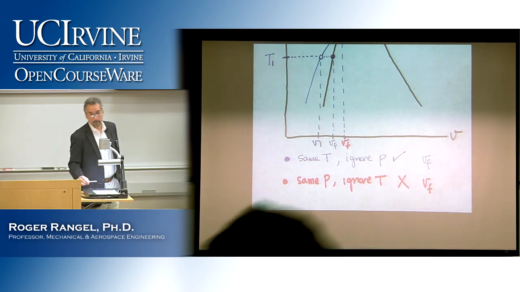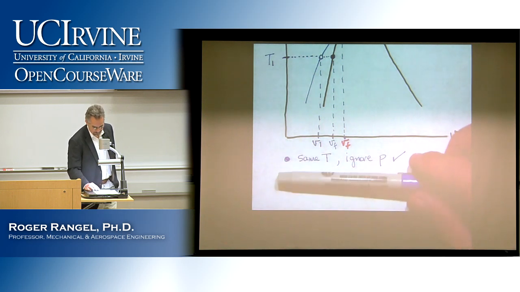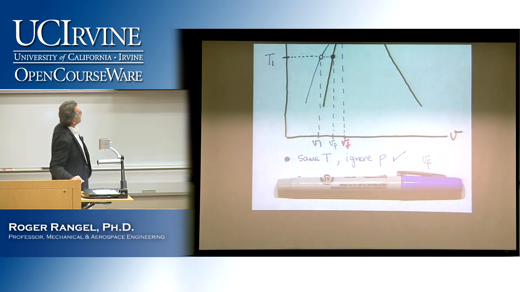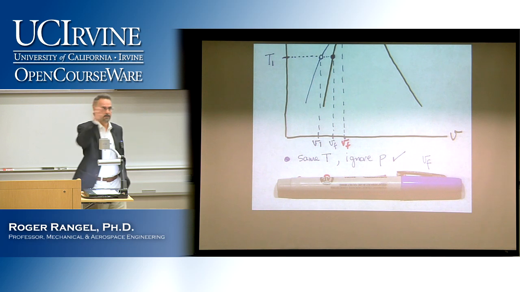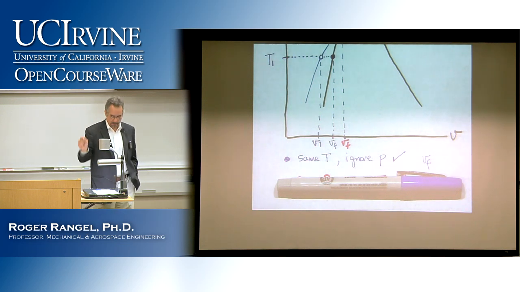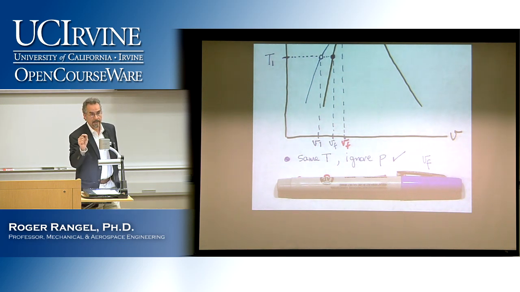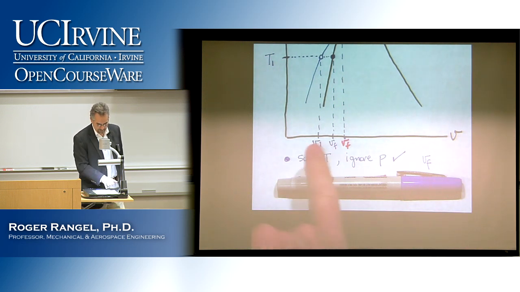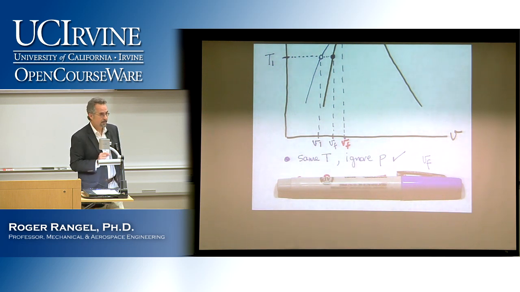That's why I put a red X. So you don't want to do that. What you always want to do is what is written there. So given the pressure and the temperature for that compressed liquid, you will read the value of the specific volume from the saturated table data, V sub F, at the same temperature, ignoring the pressure, because the effect of the pressure is very small.